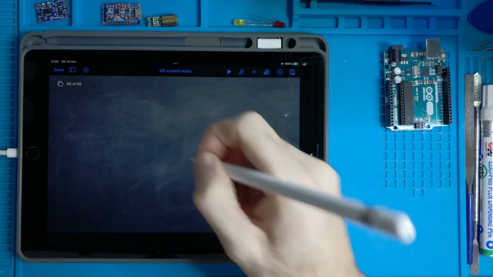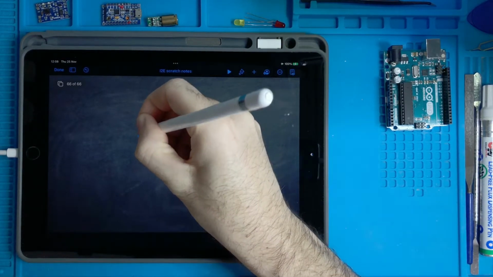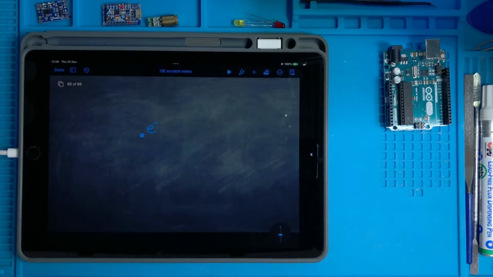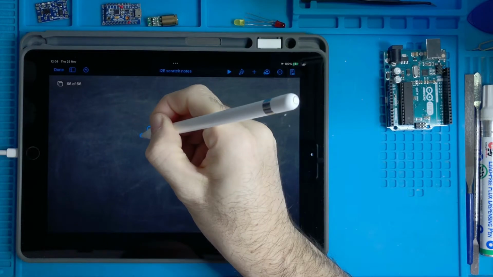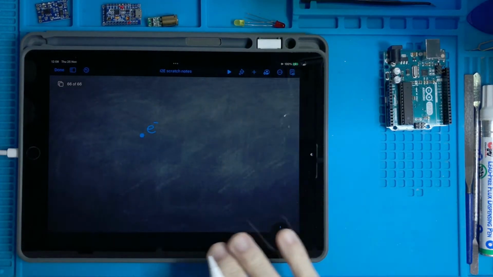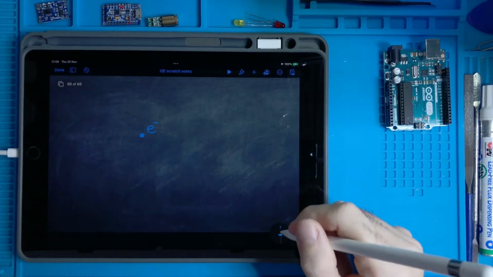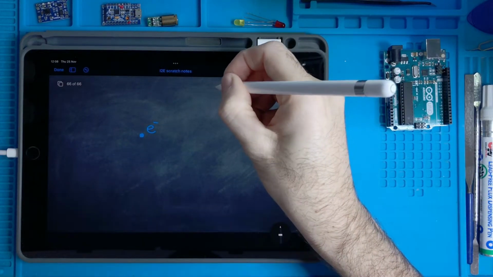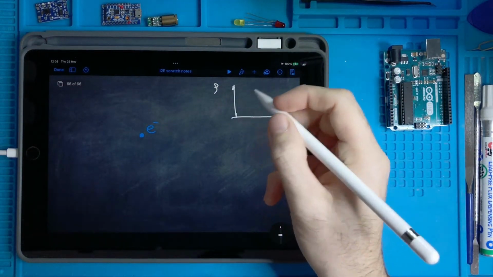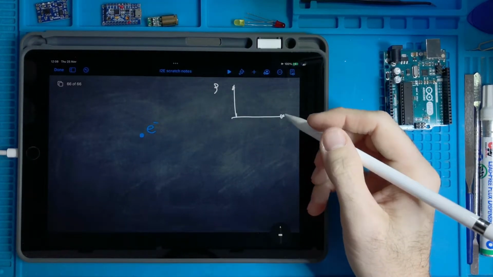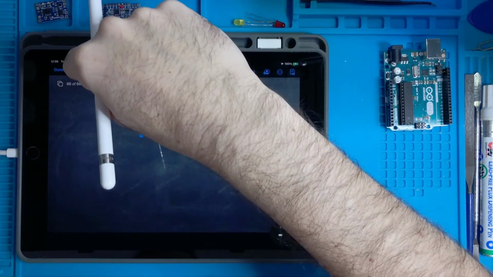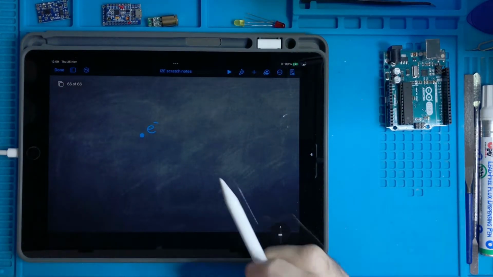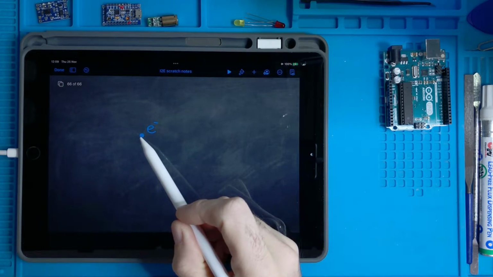For instance, if I have an electron like this, let me make the electron blue, then the charge distribution is a sort of spike where we have the electron and zero everywhere else. So if you want to draw rho, it is something like this. Now it's difficult to draw this because rho is a function of three variables. So let's just say that the rho function is just a sort of spike.